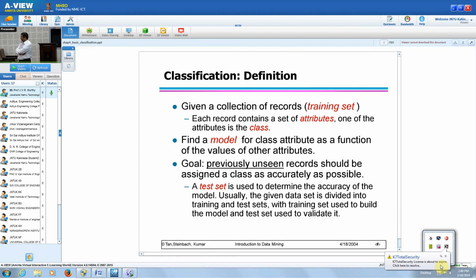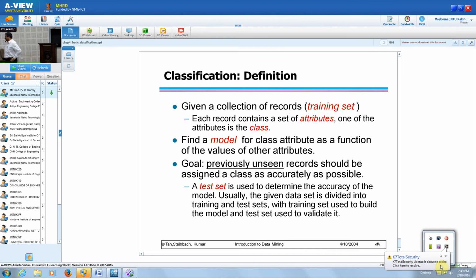Initially you have given loans, so you know pretty well that from their behavior and repayment, you can classify them as defaulters or non-defaulters, right? So there are two class labels, yes or no, good credit or bad credit. What kind of credit you have?